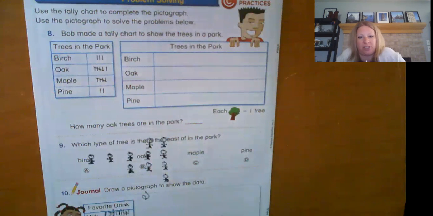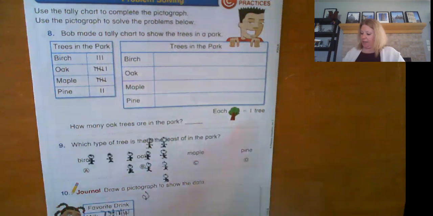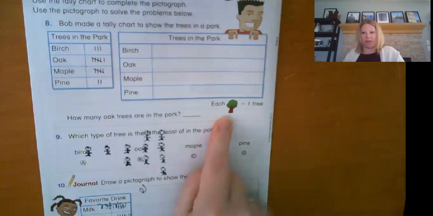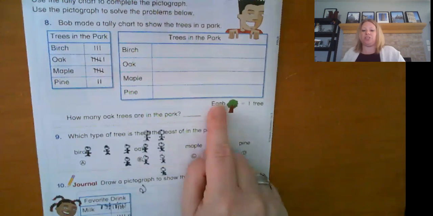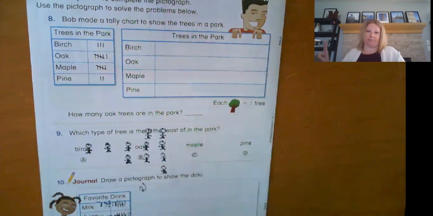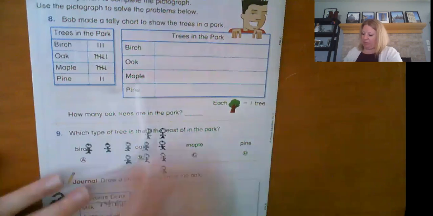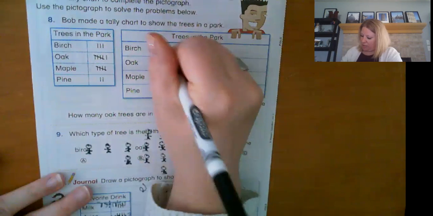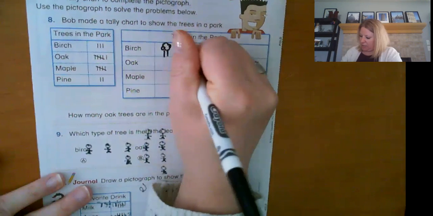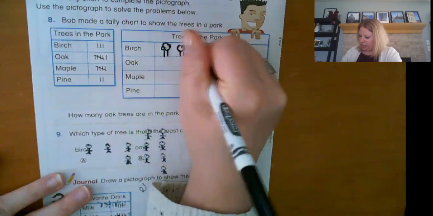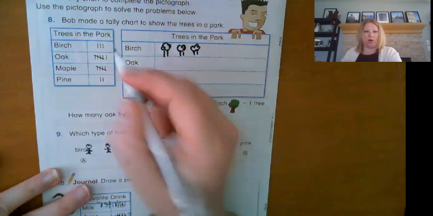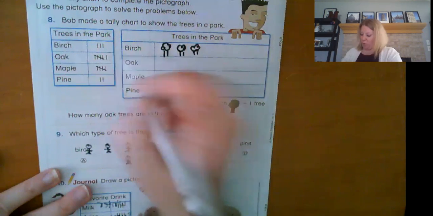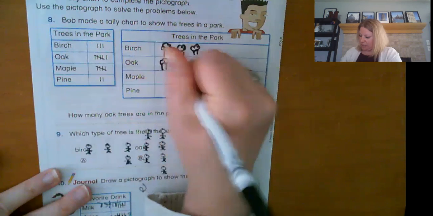Bob made a tally chart to show the trees in a park. And important, look at your key before you make your picture graph. Each tree equals 1 tree. So we're going to be drawing a lot of trees, folks. All right, birch. I have 3 tally marks. So I'm going to draw 3 trees. And then oak is a bundle of 5 and 1 more, so 6.